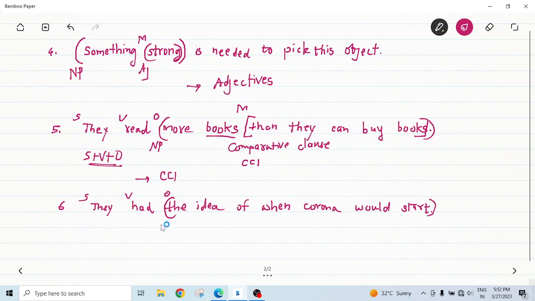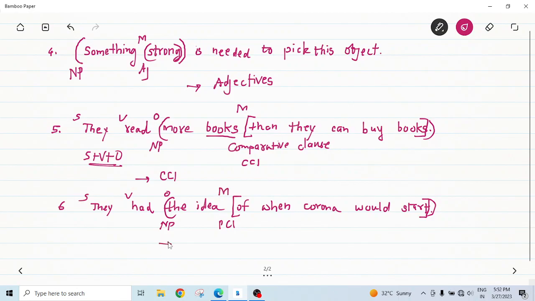Within this noun phrase, of when corona would start is a type of clause which is called a prepositional clause, which functions as post modifier in this noun phrase.